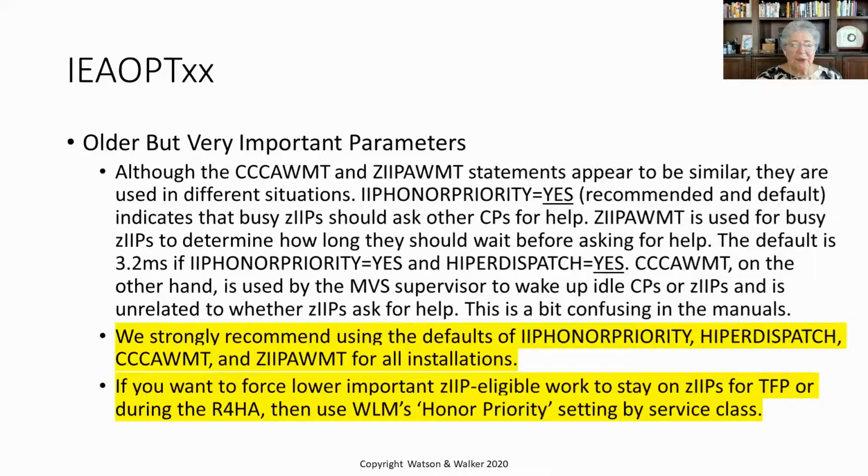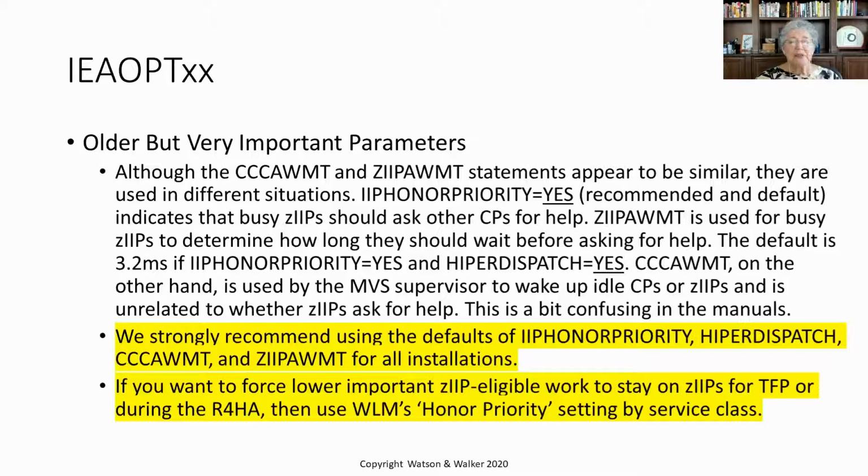I can't tell you how many hours I spent trying to figure out these statements called alternate wait management times or throughput. And there are two parameters, CCCAWMT, that's kind of global, and zIIPAAPWMT that are for zIIPs and zAAPs. And so I thought they were similar, but they aren't.